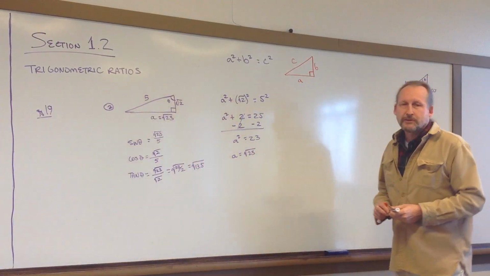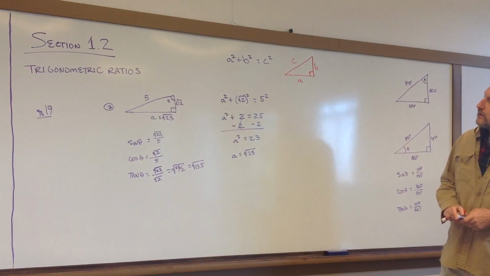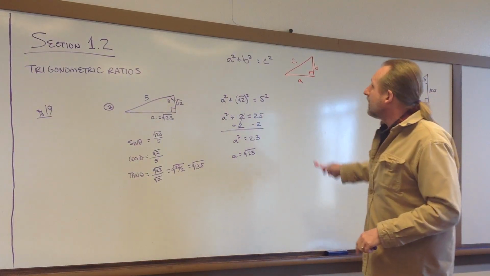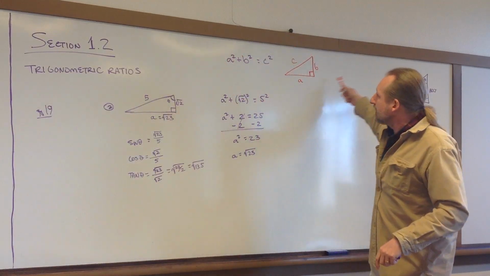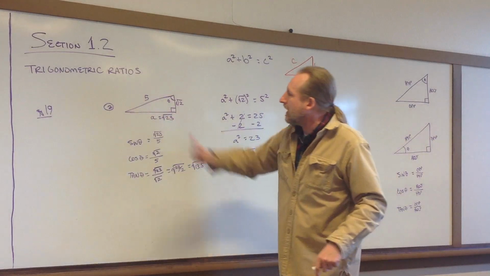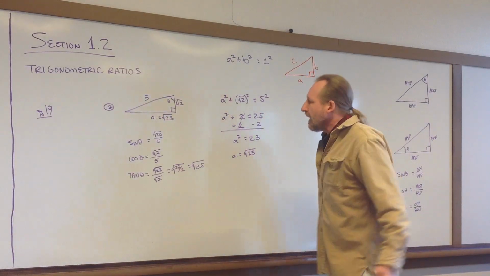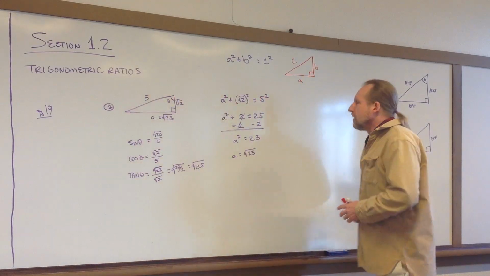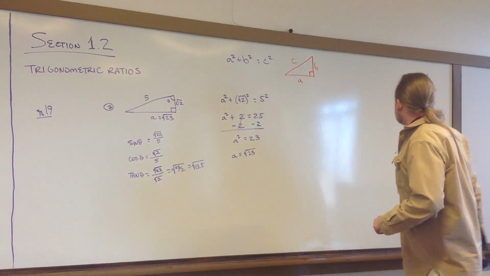Any one of those answers is correct. So that's really what this section is mostly about. Number one, being competent in using the Pythagorean theorem correctly to find the missing side in a triangle, and then just this practice of identifying sine, cosine, and tangent for an angle that lives in a right triangle.